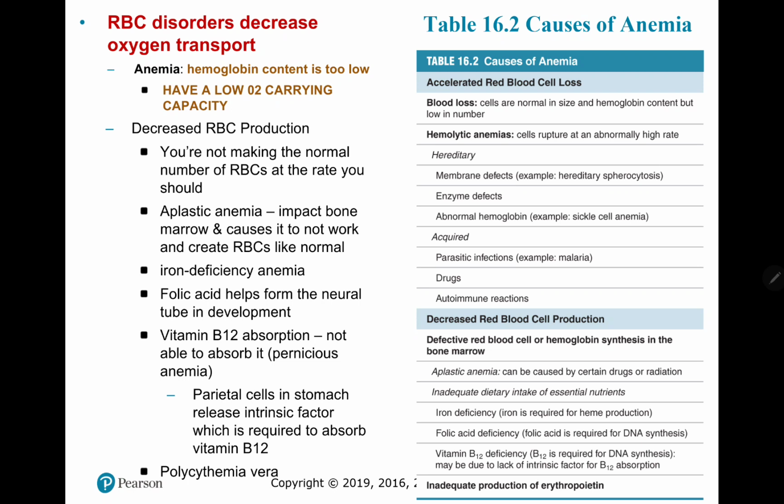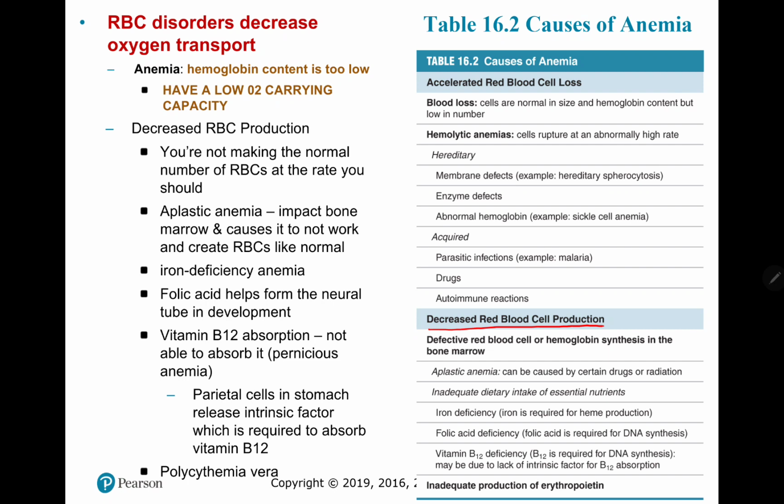Another cause of anemia is decreased red blood cell production. So you're not making the normal number of red blood cells at the rate you should, whether you have defective red blood cells or hemoglobin synthesis in the bone marrow is just decreased. So you have aplastic anemia.